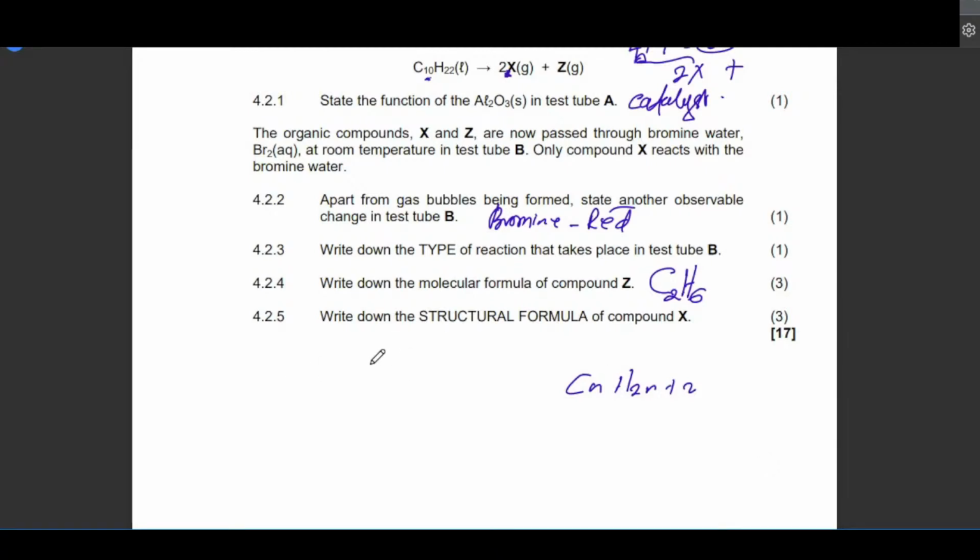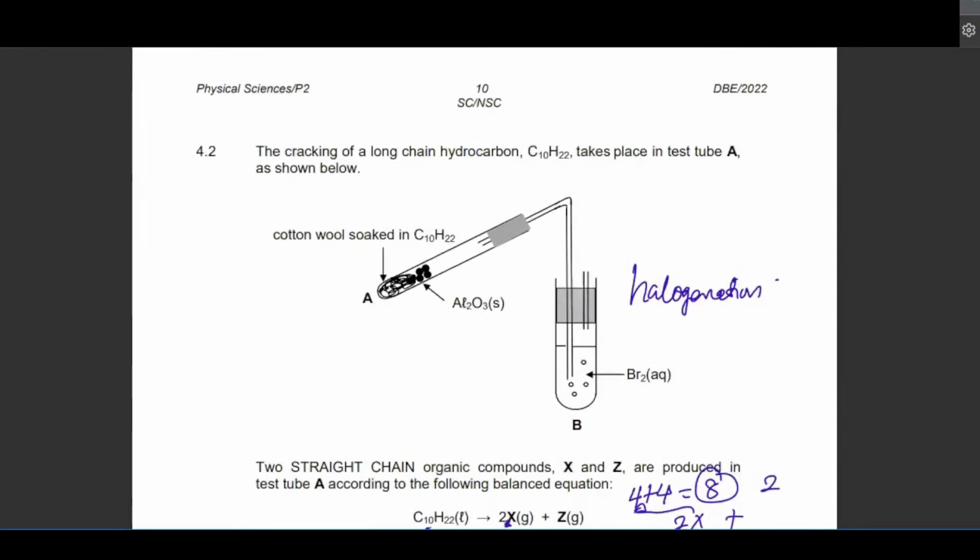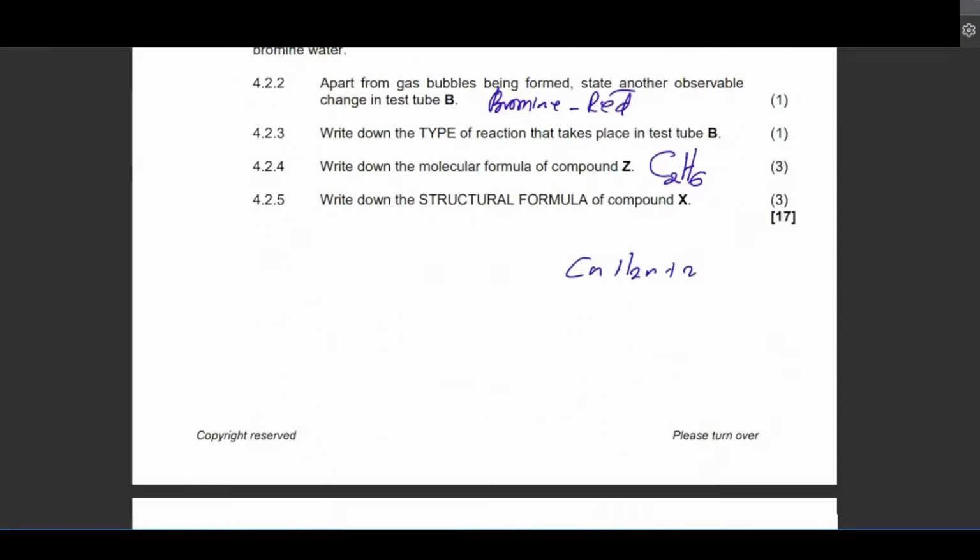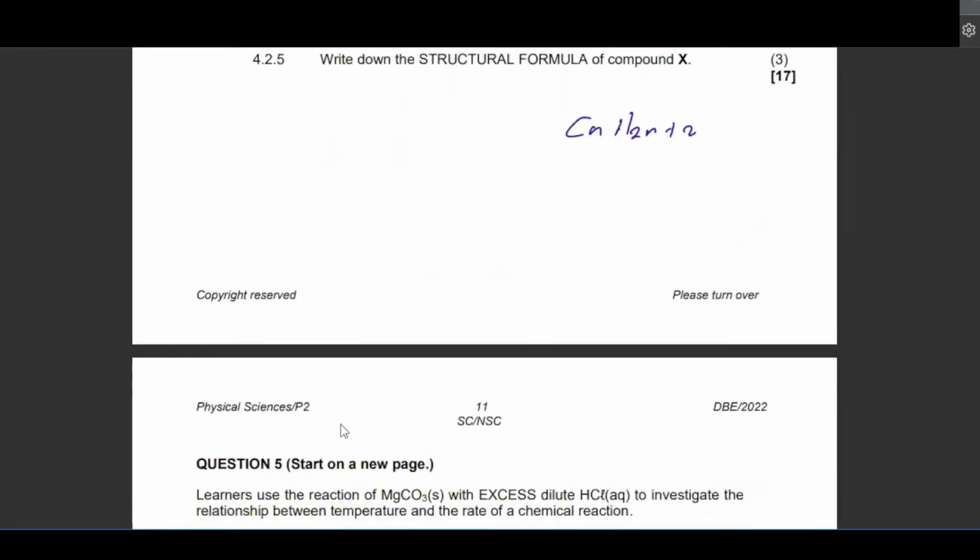Then they are saying, 4.2.5, write down the structural formula of compound X. Now they want the structural formula of compound X. Remember, these are 4 carbon atoms, and they decolorize. So now I will say C1, 2, 3, 4. Remember, it was times 2, so a double bond, then put the hydrogens properly.